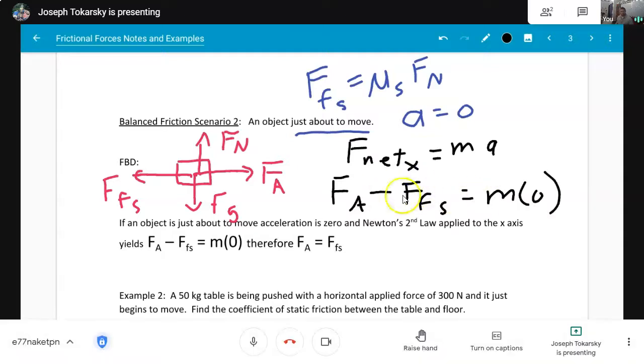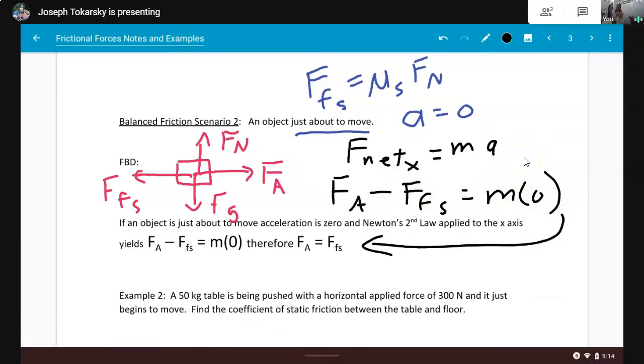If this all equals 0, then we could flip F_f static to the other side. And this is again why we call this a balanced scenario. Because in this kind of scenario where something is just about to move or just starts to begin motion, any kind of wording like that means that applied force equals static frictional force.